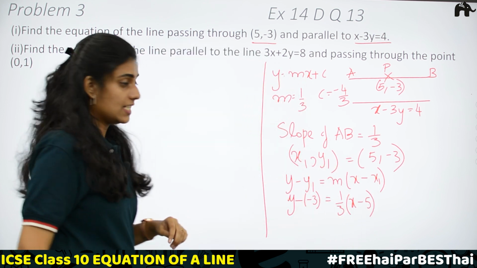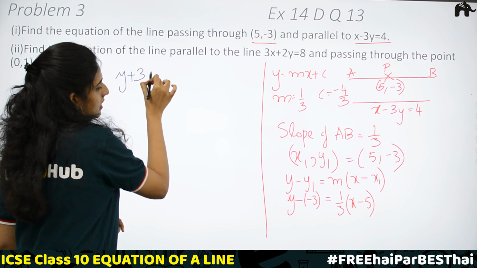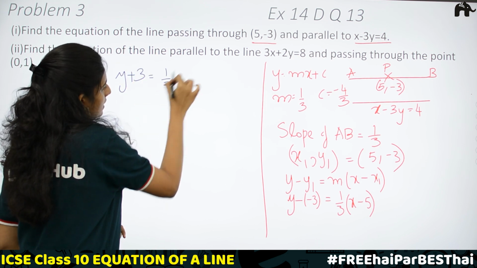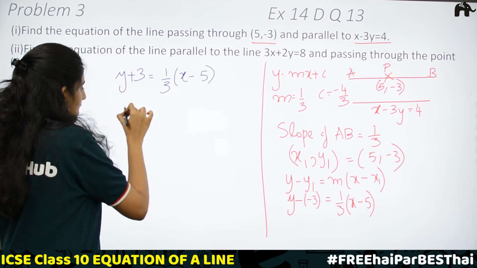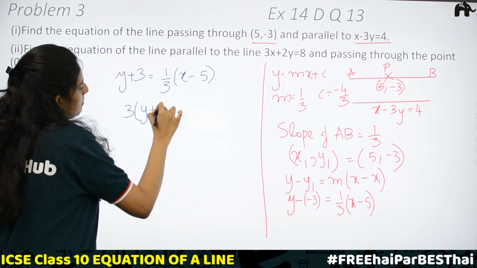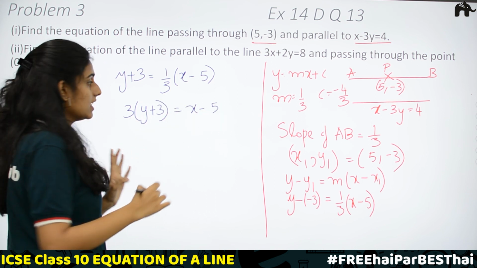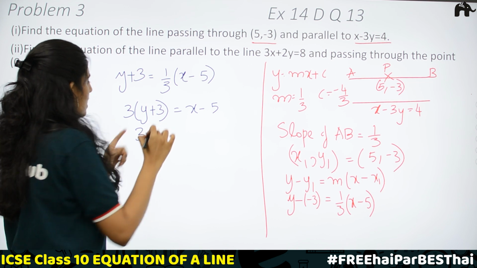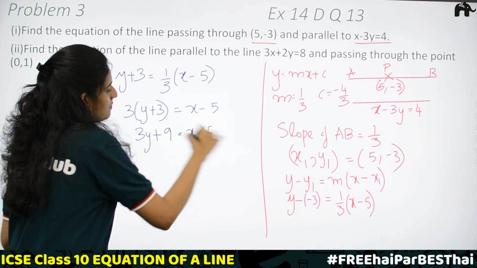x1 is 5. That is y minus minus 3, which is y plus 3, is equal to 1 by 3 into x minus 5. Taking this 3 to the left hand side, 3 into y plus 3 is equal to x minus 5. Removing the brackets and multiplying, we get 3y plus 3 into 3, 9, is equal to x minus 5.